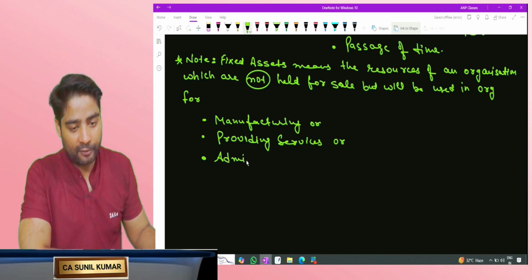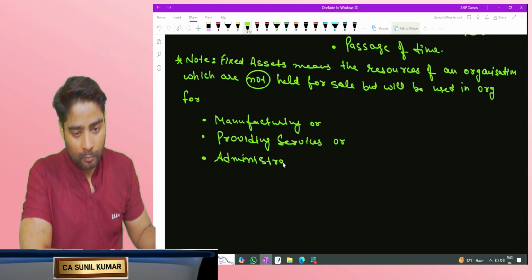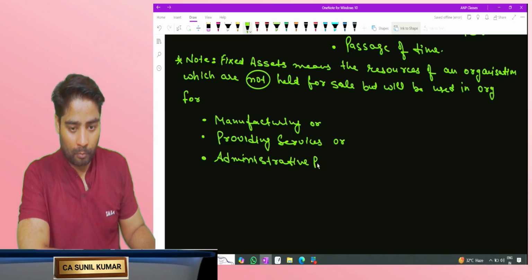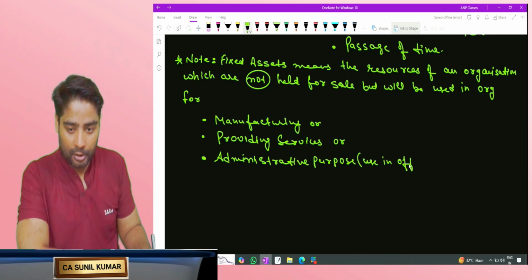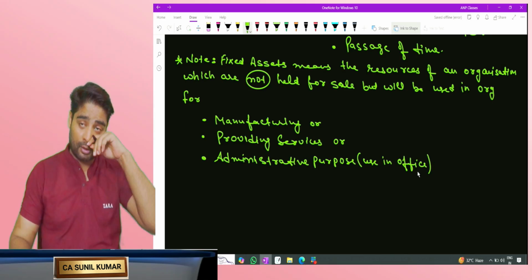Sir, what are administrative purposes? It means use in the office, like our furniture, like computers.